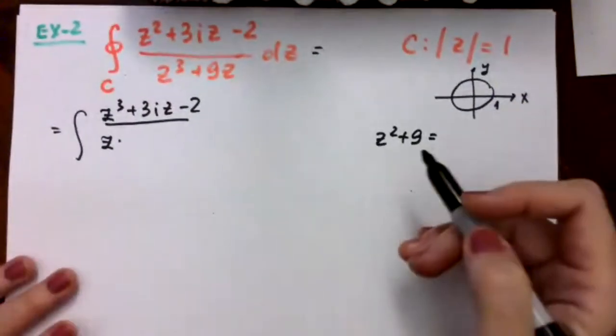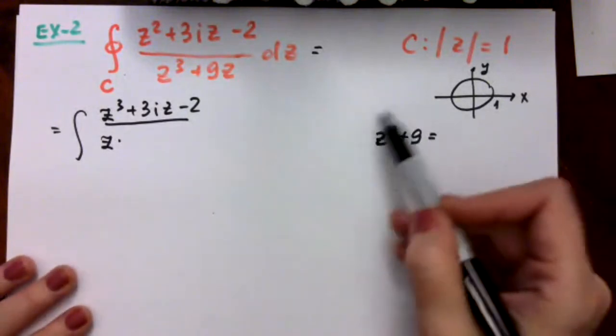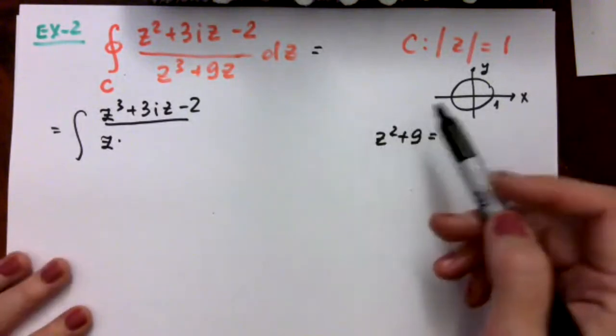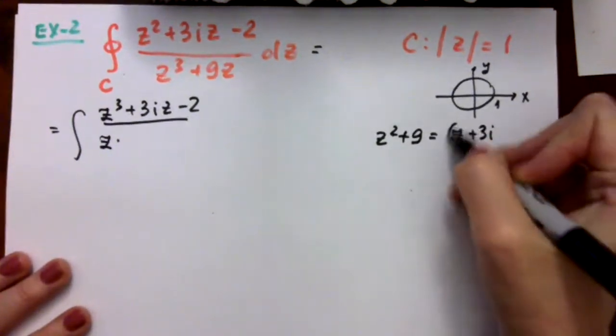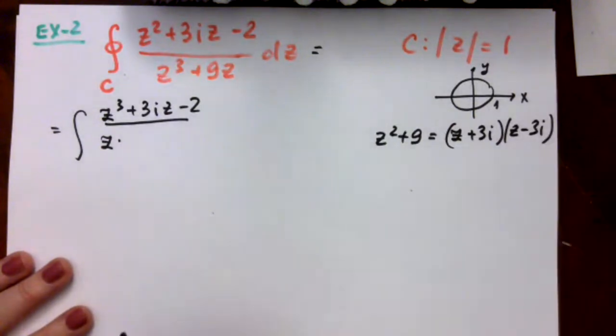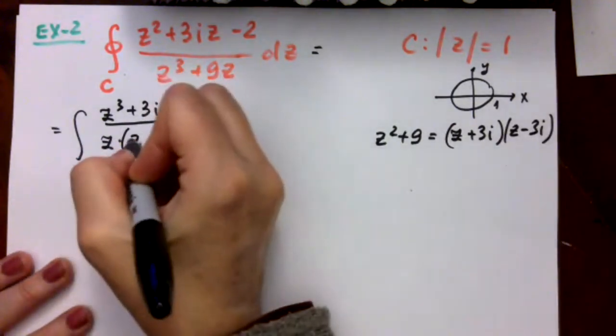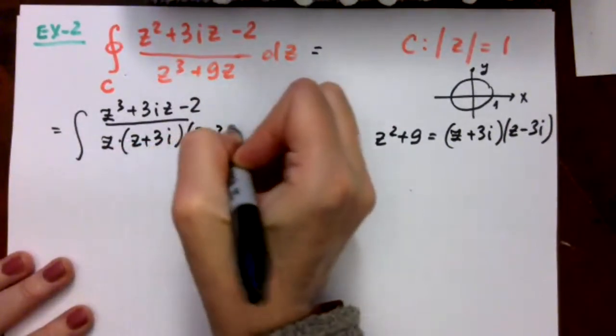Before you started learning complex variable theory, you knew that you can't do anything with this expression. You can't factor it. But here in complex variable theory, it can be easily done: (z plus 3i) times (z minus 3i). So let's substitute it.